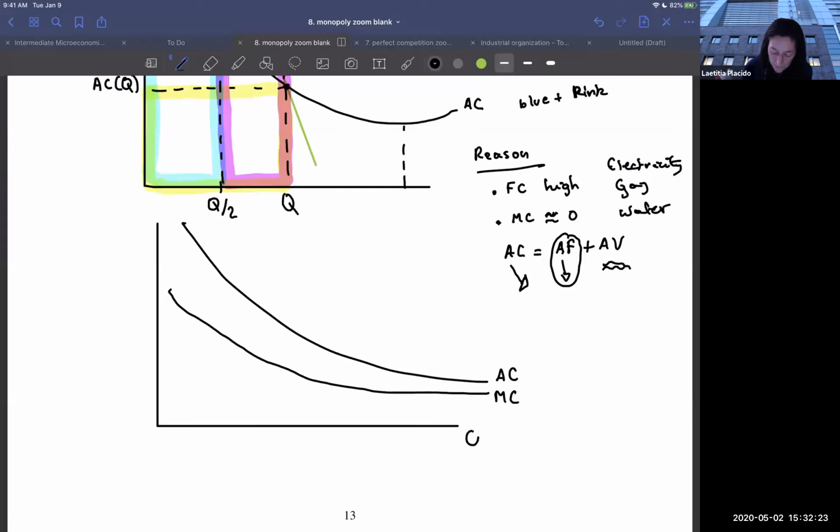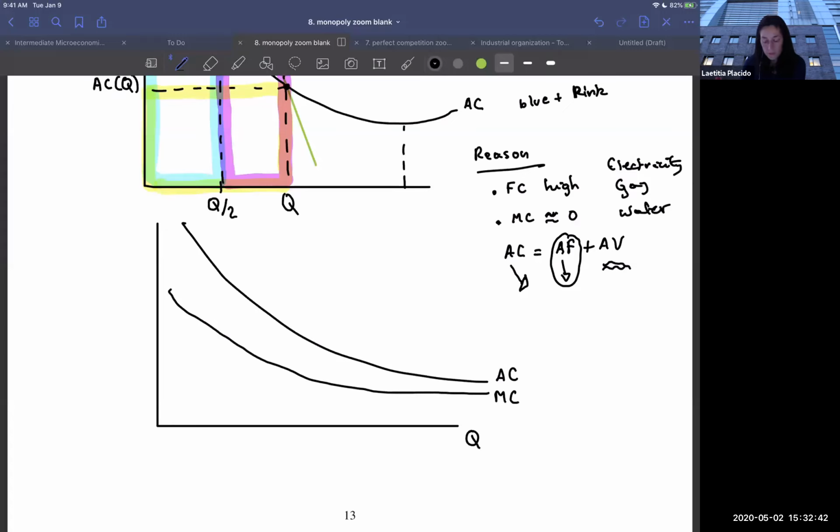Why? Imagine that you have a natural monopoly, let's say Con Edison, and you don't want this monopoly to charge people a very high price because electricity is necessary for everyone.